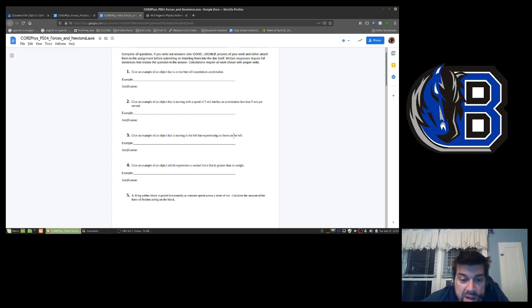An example of an object which experiences a normal force greater than its weight. The example I gave for people that came out to extra help was you jumping on a trampoline, right? The trampoline's throwing you upwards, right? That's a surface-like thing. It's pushing on you, and it's obviously greater than your weight because you're accelerating upwards.